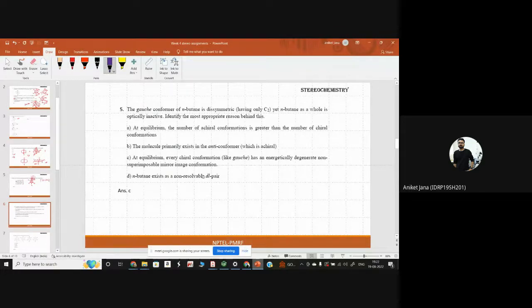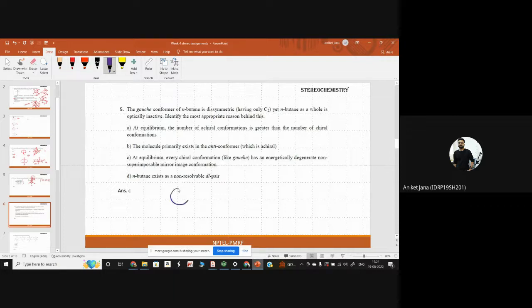Okay. The gauche conformer of n-butane is dissymmetric. Definitely it is dissymmetric, only having a C2 axis. Yet n-butane as a whole is optically inactive. Identify the most appropriate reason behind this. So tell me what can be the possible answer.